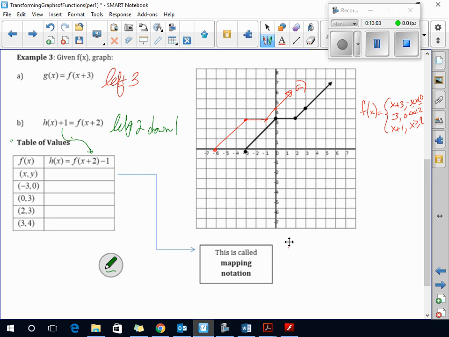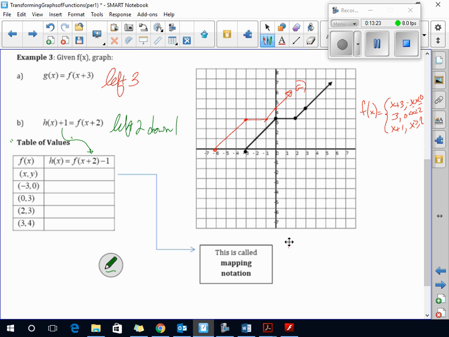Okay, so if you don't know, let's try negative 3, 0. Where would negative 3 be if I go left 2, down 1? It would be negative 5. Well, we could do the 0. Where would the 0 be? Negative 1. So everybody can see it with numbers.